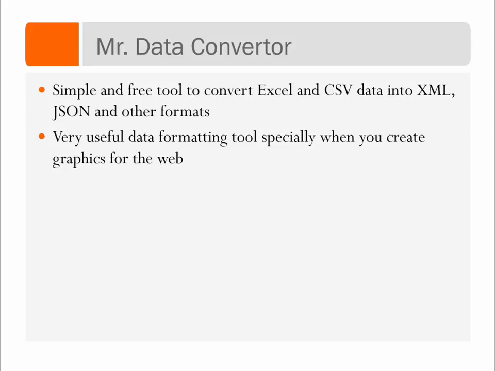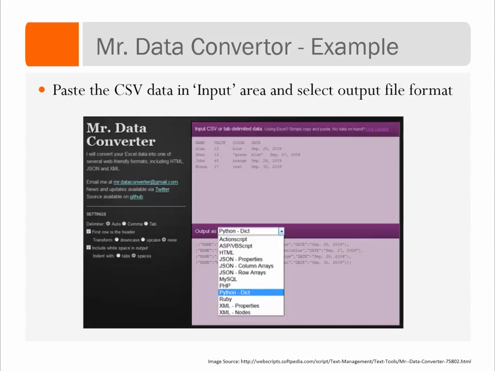And it's very useful, particularly if you're doing data visualization on the web. So here's what it looks like. We can paste CSV data in the input area. And then in the output header there, we can select what file type we want it converted into.